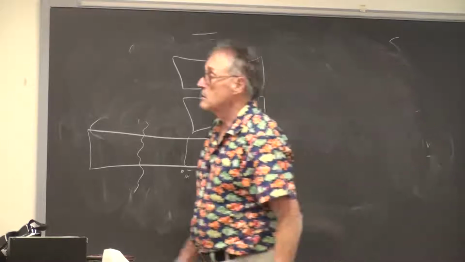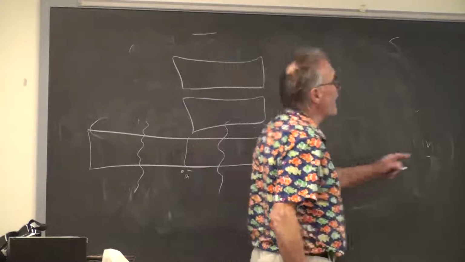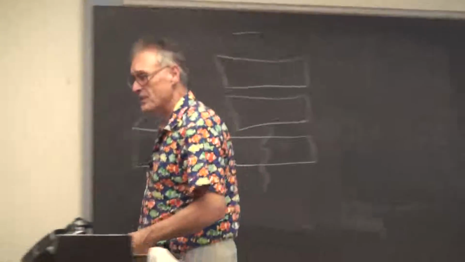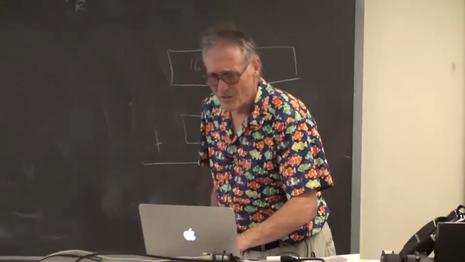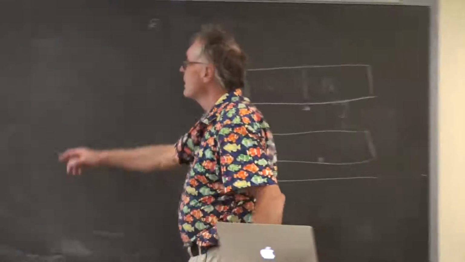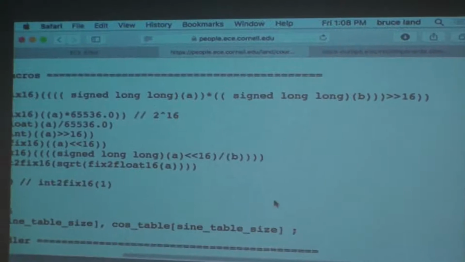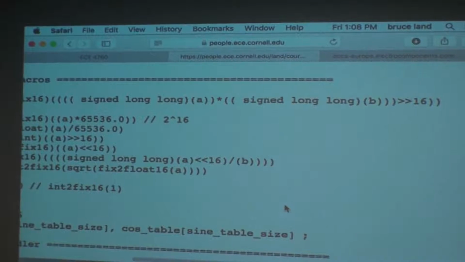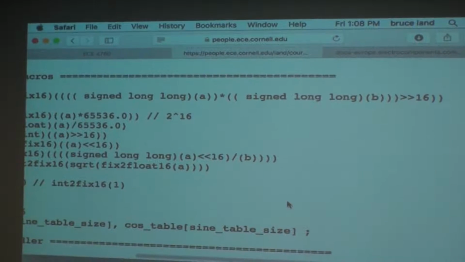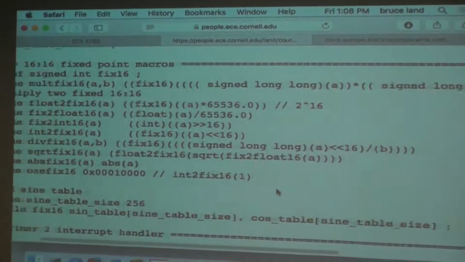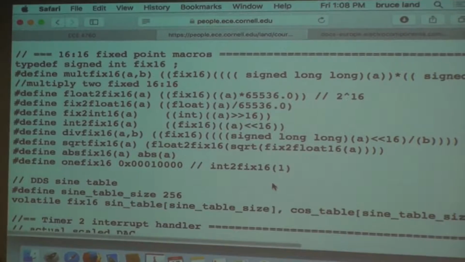Which means we need to shift the output by 16 bits. So the fixed point multiply is going to be the same as a long multiply shifted by 16 bits. And then there's various utilities.